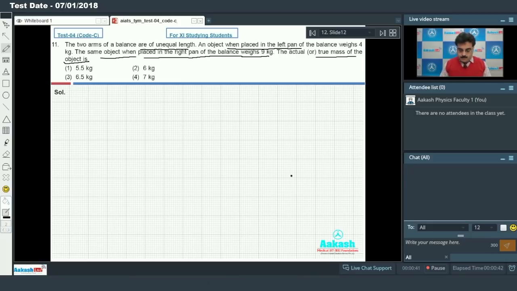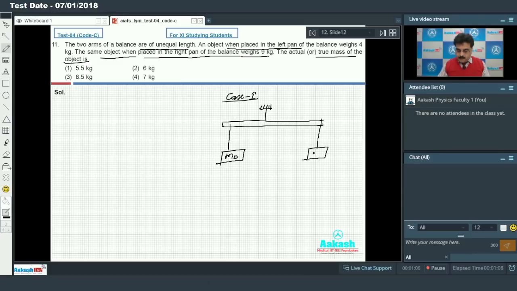Now I am going to take my case number 1. In case number 1, suppose this is the situation. Suppose this is the fixed point, and on one pan I consider the mass is m0, and on the right hand side I consider the mass is m1, and the distance from the fixed point is L1 on the left hand side and L2 on the right hand side, right?